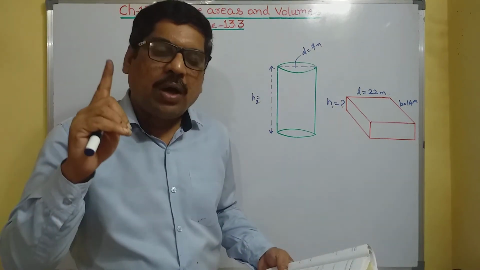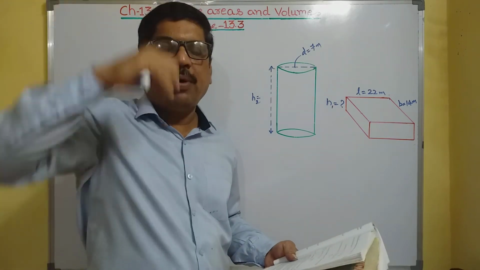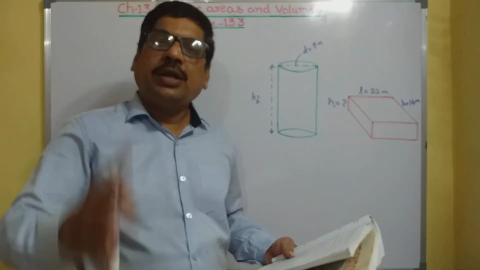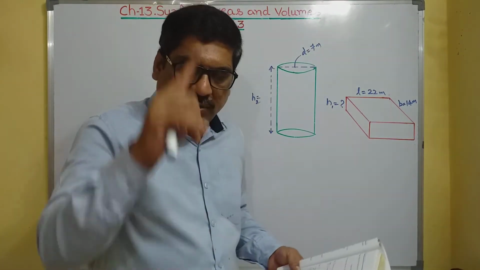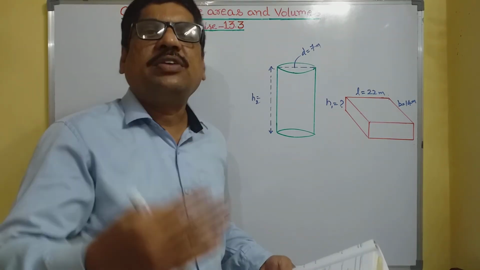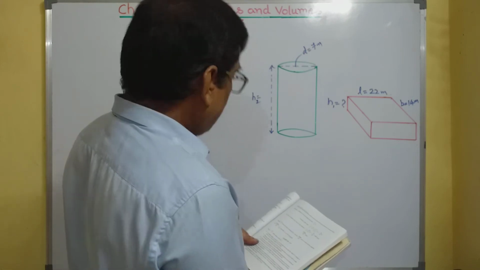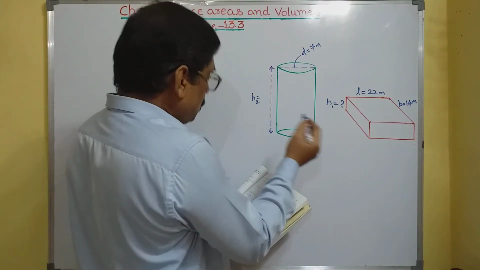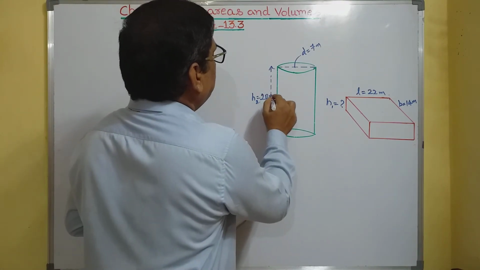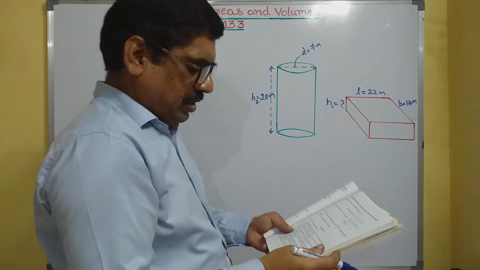And if you observe the same object from the top of the object, you can call it as depth. So let us take the depth as height, that is 20 meters. It is given 20 meters and the diameter is 7 meters.